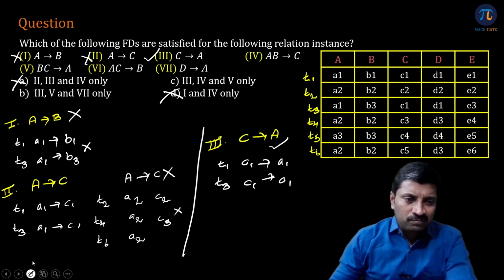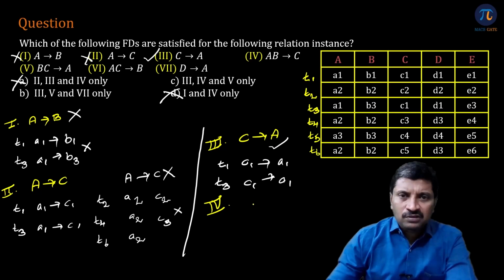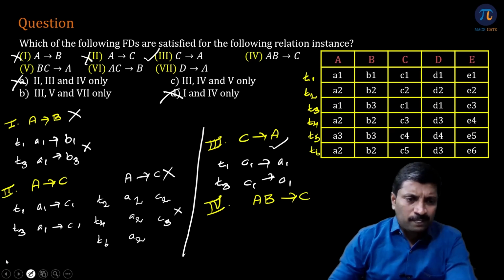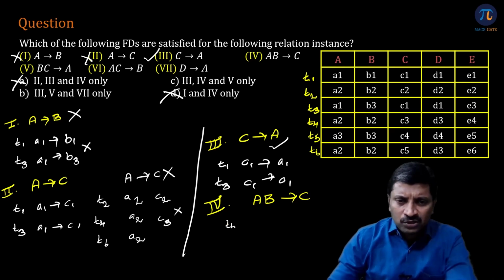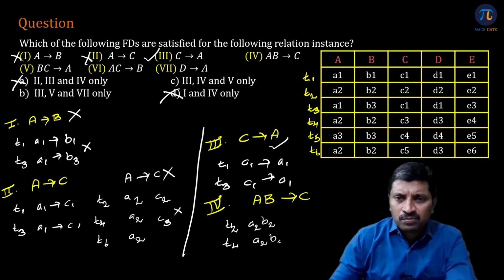What about fourth, sir? Fourth is AB goes to C. What about AB, sir? A1, B1, A2, B2, A1, B3, A2, B2. So T2, T4, A2, B2, A2, B2.